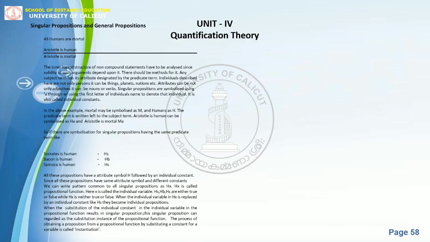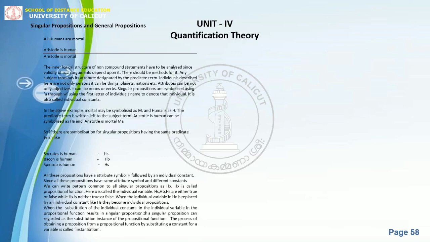So for that we need methods for analyzing non-compound statements. So we need to symbolize their inner structure. And another thing that we should remember is that attributes can not only be adjectives, they can be nouns or verbs.